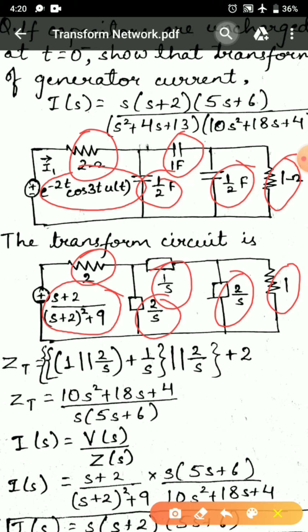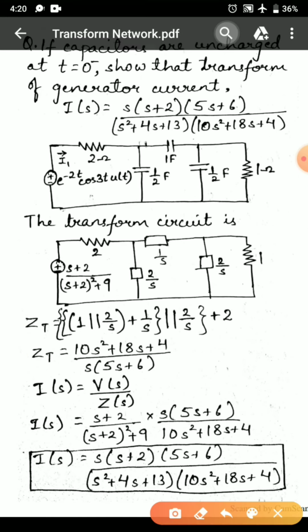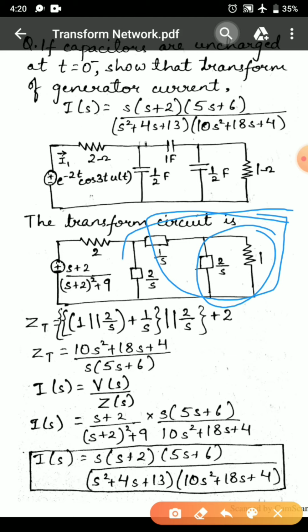We find the equivalent impedance for the given circuit. 1 ohm and 2 by S in parallel, which is in series with 1 by S, which is again in parallel with 2 by S, and again in series with 2 ohm.